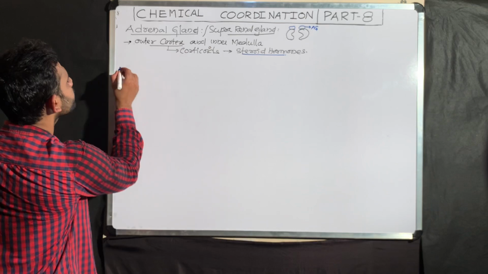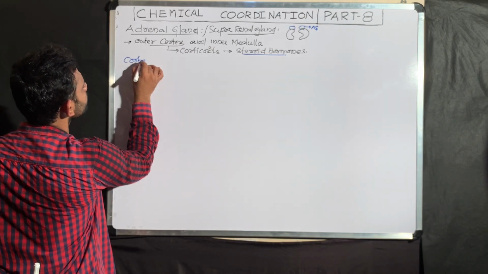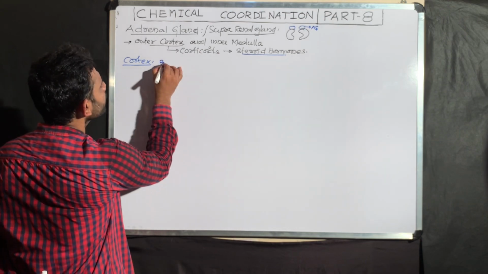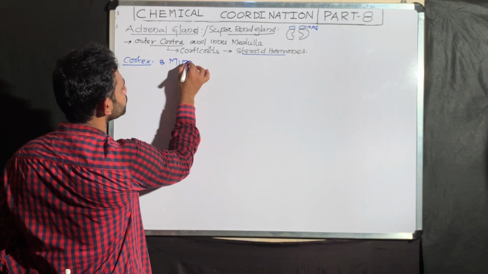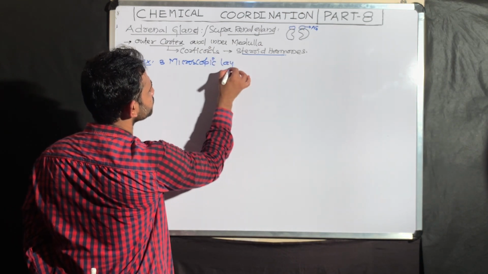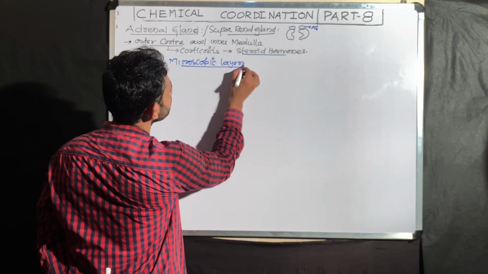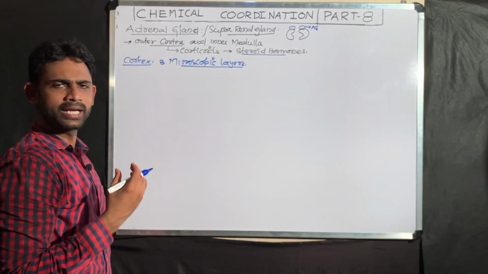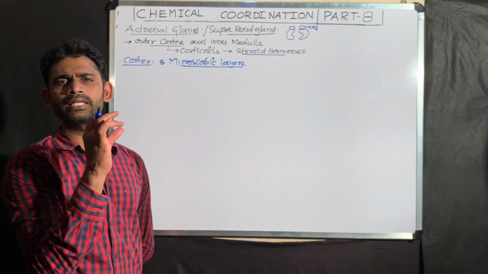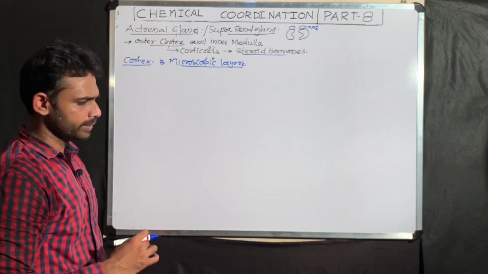Now, this cortex consists of three microscopic layers. If we see the cortex under a very powerful microscope, we can see three very thin microscopic layers.